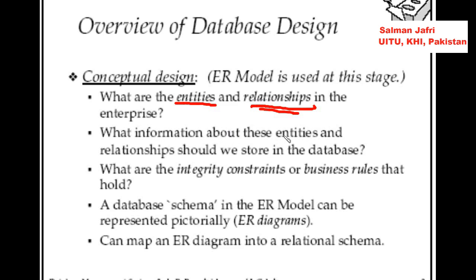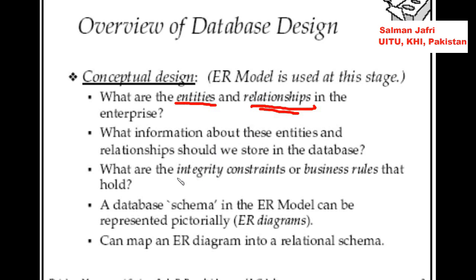So, any fields or attributes of the entities and the relationships we should record in the ER model at the conceptual design level. For example, revising like before, as a student entity, your attributes might be student ID, student name, GPA, address, etc.